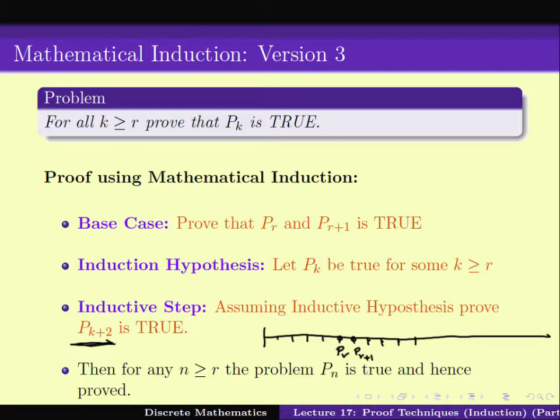The inductive step says that if Pk is true for some k, then Pk plus 2 is true. Now note that if Pr is true, then Pr plus 2 is true. Since Pr plus 1 is true, Pr plus 3 is true. Again, since Pr plus 2 is true, Pr plus 4 is true, and so on. You can see that we will end up proving slowly that all of them are true.